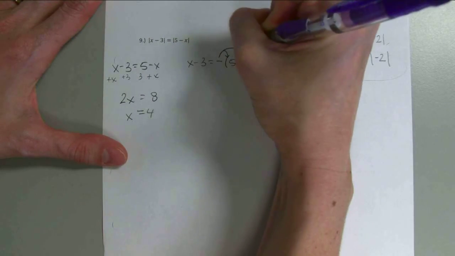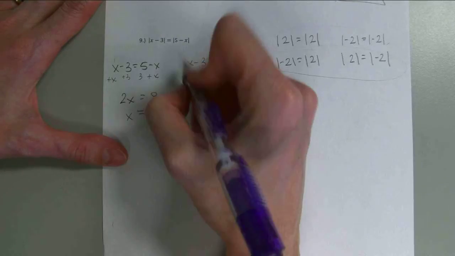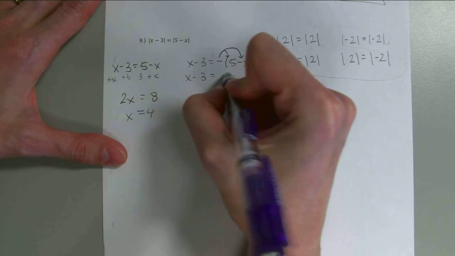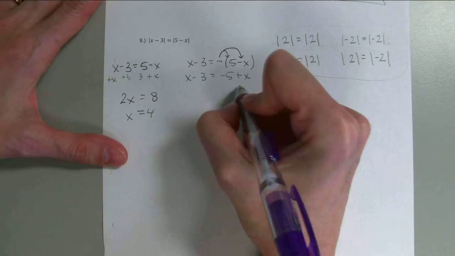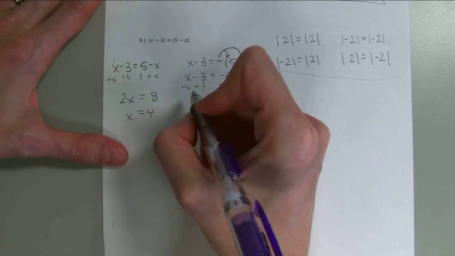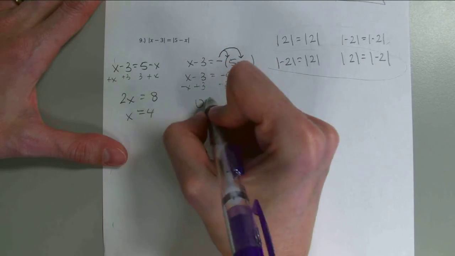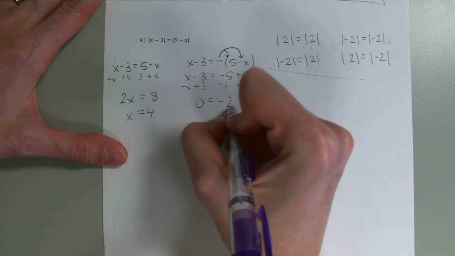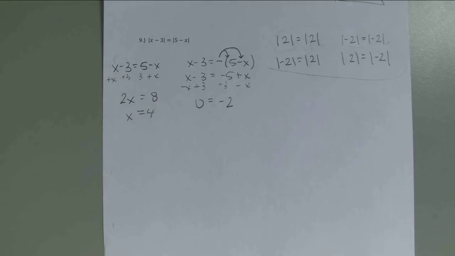And then over here, I'm going to make sure I distribute first. So you have x minus 3 equals negative 5 plus x. But when you move your x over and move your 3 over, you get something weird. You get 0 equals negative 2. So x equals 4 is one of your solutions.